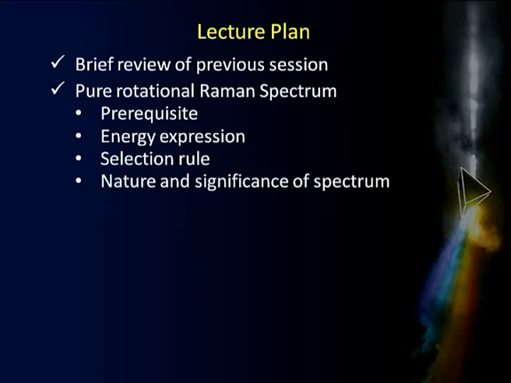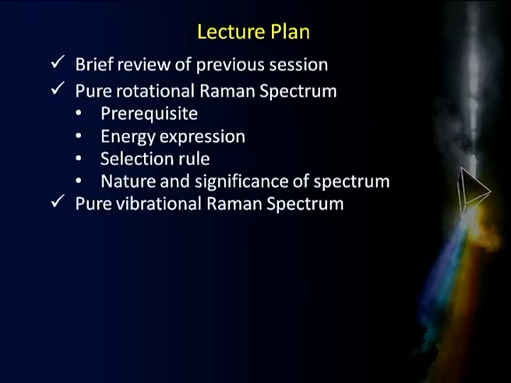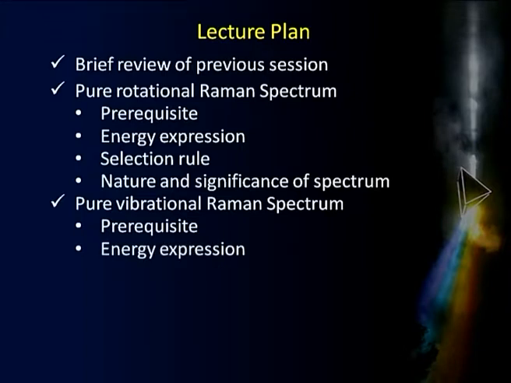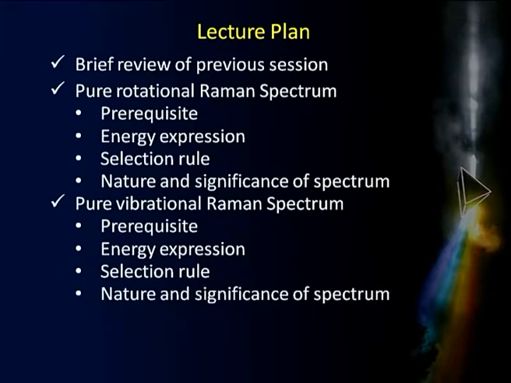It will be followed by the kind of spectra we get and the implication or significance of that spectrum. Thereafter, we will come to the pure vibrational Raman spectrum. This also will be followed in the same fashion: we begin with prerequisites, followed by the energy expression, the selection rules, and the nature of the spectra we get there and its significance. Towards the end, we will try to sum up what we do today. So that's the way we are going to go about it.